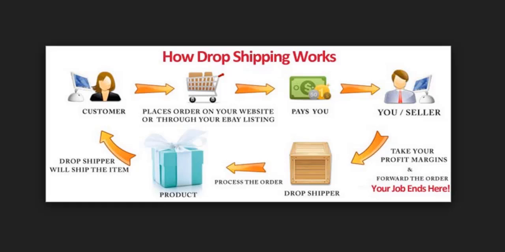And then you ship the product to the customer's address, and you simply keep the profit difference. You make a profit on the price difference, and you don't even have to see the product yourself at all. You fully rely on third-party sellers. This model is very effective, and it's super profitable for you, and we have devoted a big chunk of our course to developing your Shopify store using drop shipping methods.